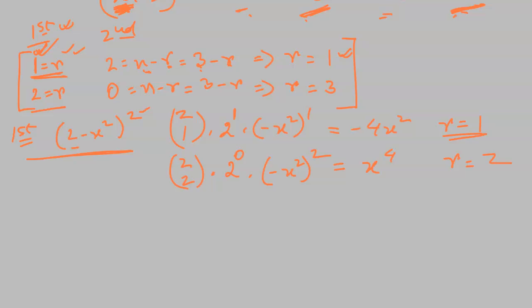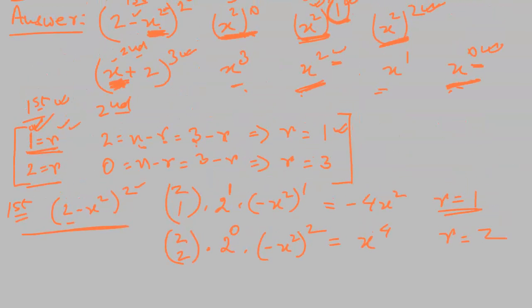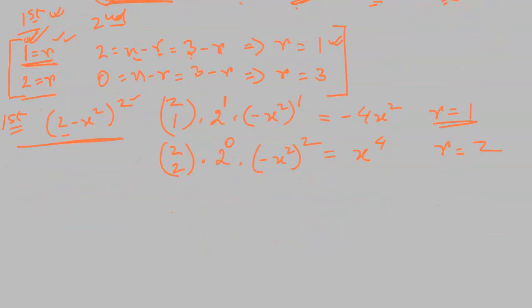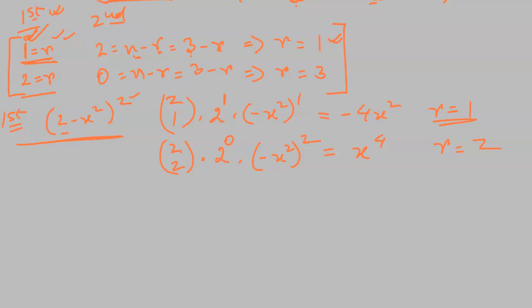Coming to the second expansion, let me show you what it is. It is (x + 2) raised to the power of 3. For that, we are interested in having r equal to 1 and r equal to 3.